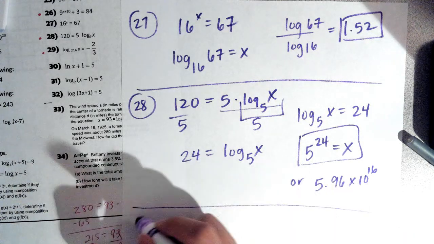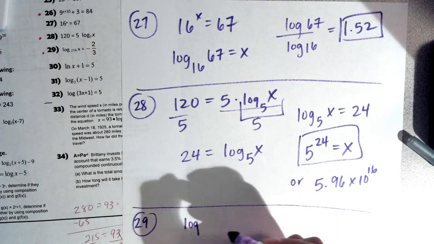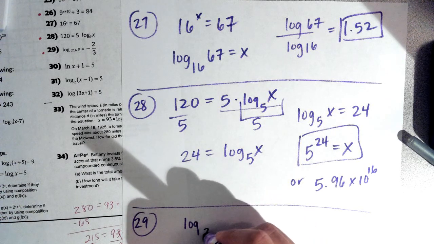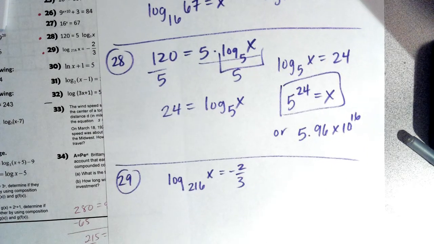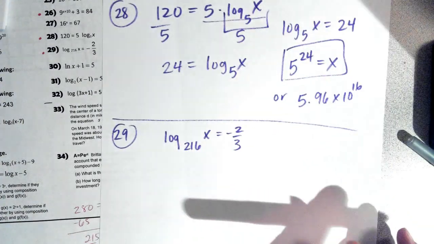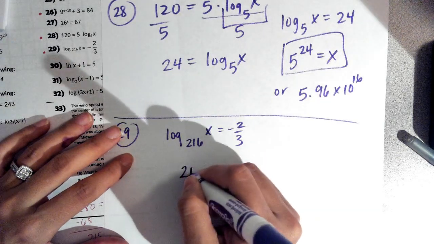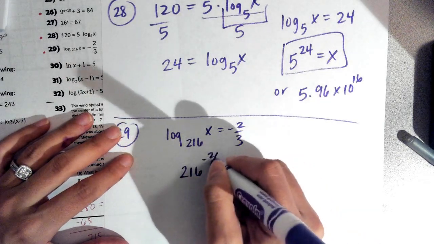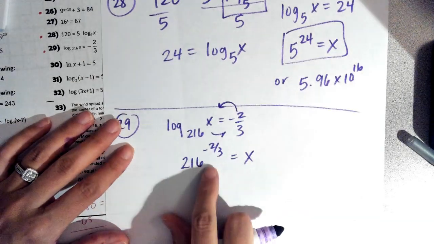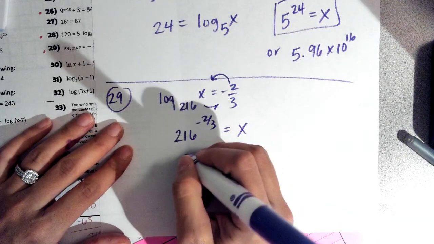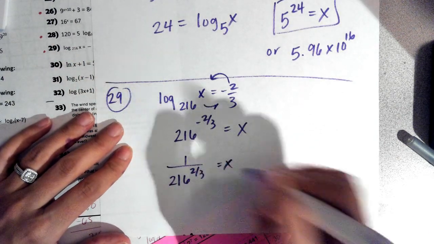Alright, 29. You have log base 216 of x equals negative 2/3. If I want to write this in exponential, you have 216 raised to the negative 2/3 power is x. Now I don't like working with negative exponents, so I'm going to bring that down, just like that.